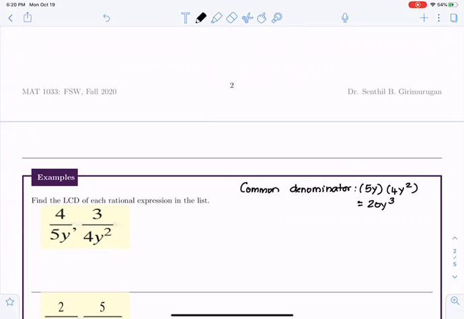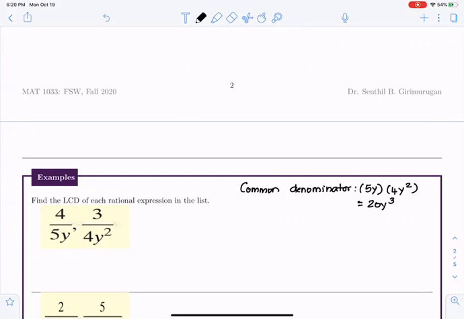If you multiply the denominators of two rational expressions, the resulting answer is definitely a common denominator. But now the question is, is it the least common denominator?